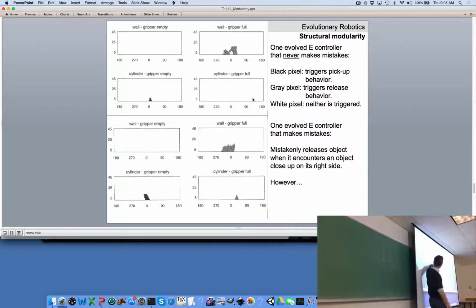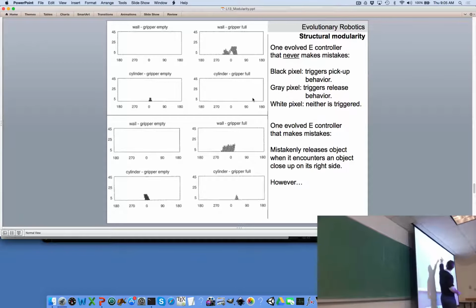So when the robot is close to a cylinder, its gripper is empty, and it's facing the cylinder dead on, that very specific condition, it picks up the object, which is what it's supposed to do. Right? Out here it doesn't, because it's right next to the cylinder, but it's facing 180 degrees away from it, and if it closes its gripper, it's not going to grab the object.